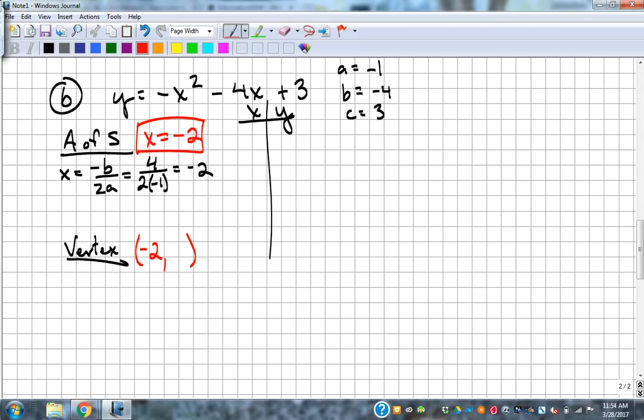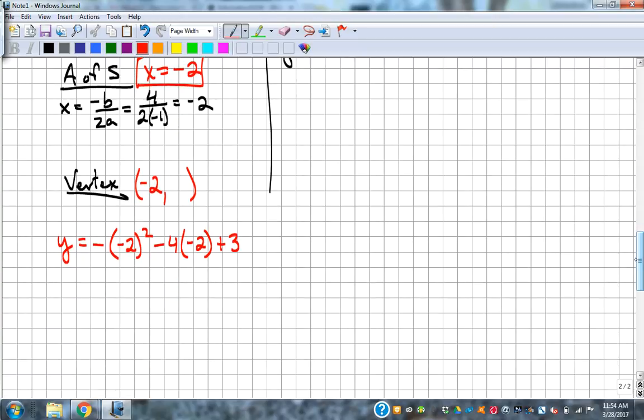How do you find the y value of the vertex? Plug it back into the equation. So we got negative parentheses -2 squared minus 4 parentheses -2 plus 3. You can do that with the calculator. It doesn't bother me which way you do that.